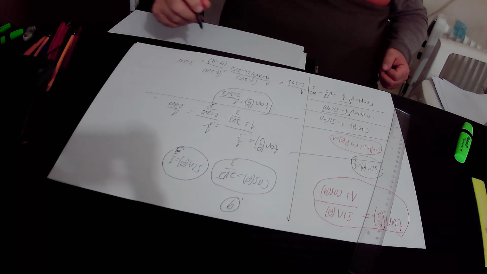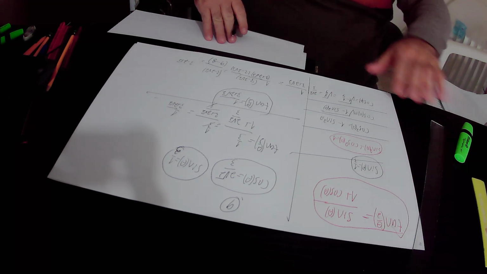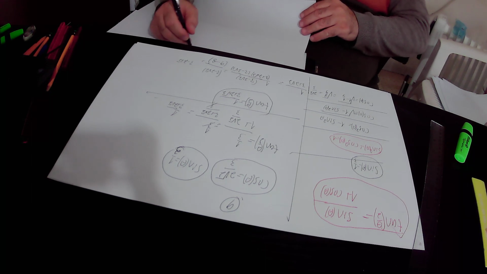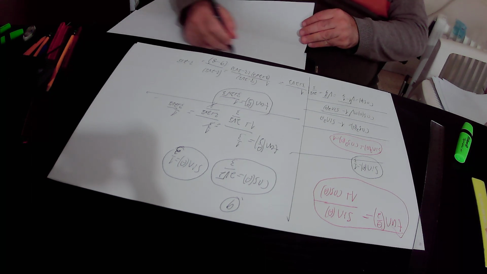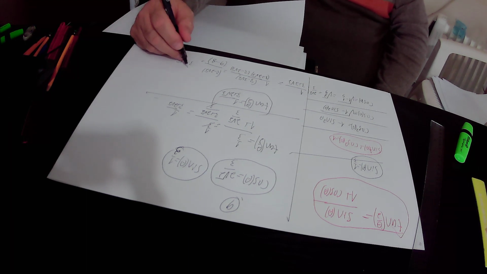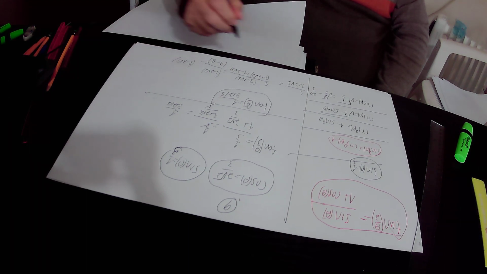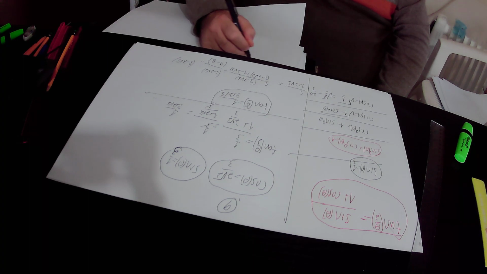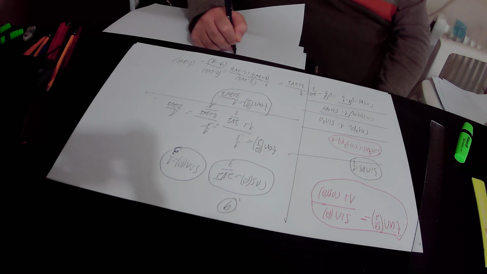So actually, in conclusion, we found out that tangent theta over 2 is equal to 3 minus 2 times square root of 2.